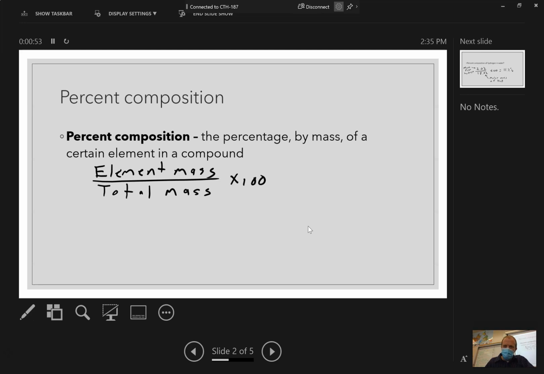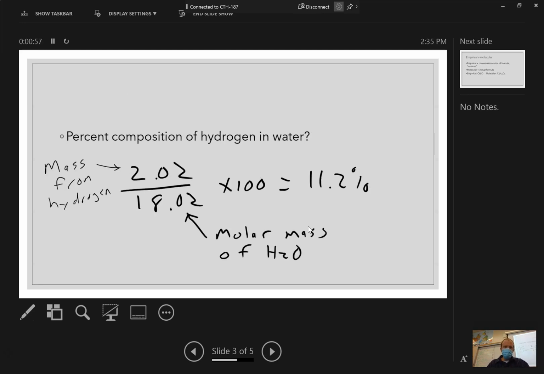So for instance, suppose we wanted to know the percent composition of hydrogen in water. In other words, out of water's mass, what percent of that mass is hydrogen? So we would just add up the molar mass of H2O, which is one you've done many times. It's about 18.